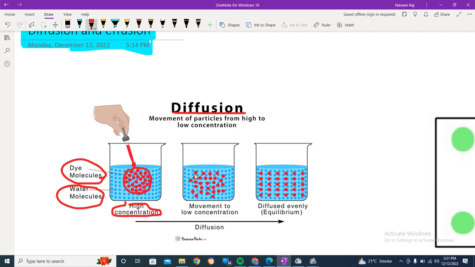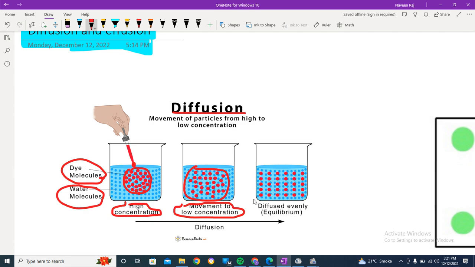Now you will see that slowly there is movement towards the lower concentration. In the center there was higher concentration, and now this is moving throughout the bottle. That means it has now covered this much area. This shows the ink particles moving from higher concentration to lower concentration. This is diffusion. Diffusion is simply the movement of particles from a region of higher concentration to a region of low concentration.